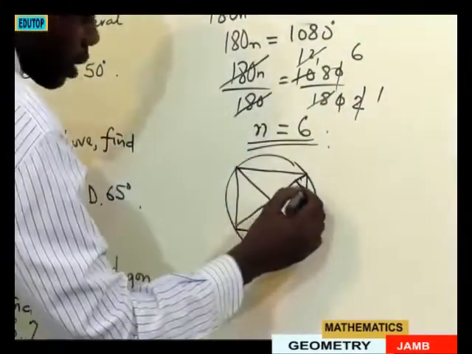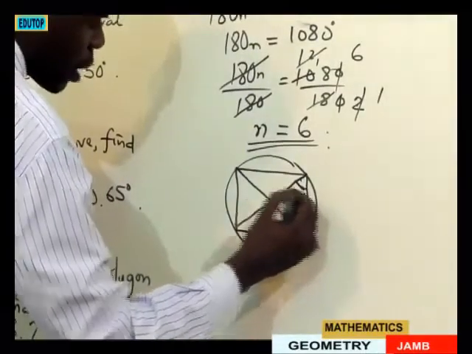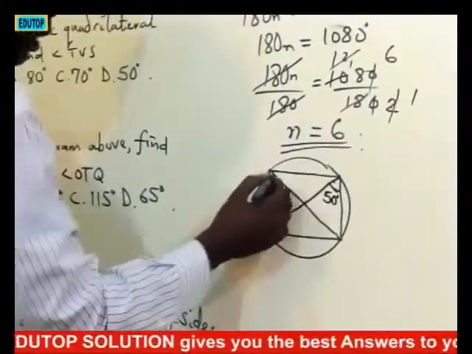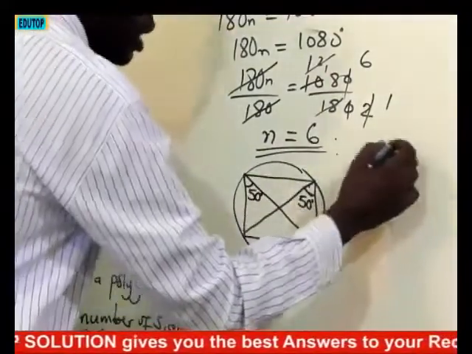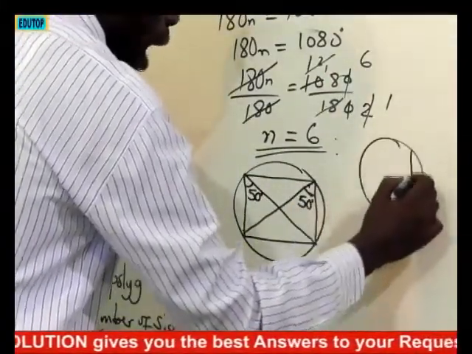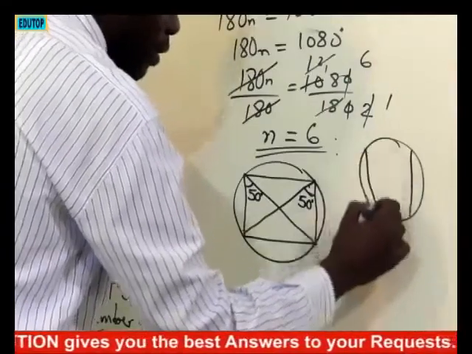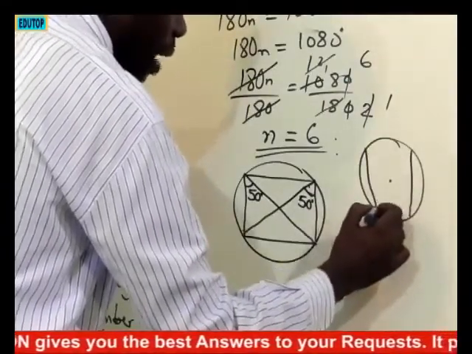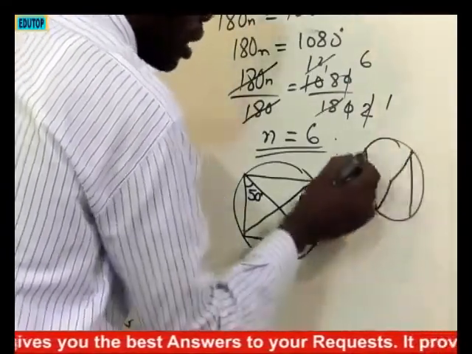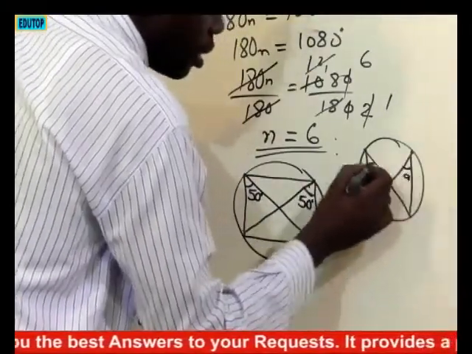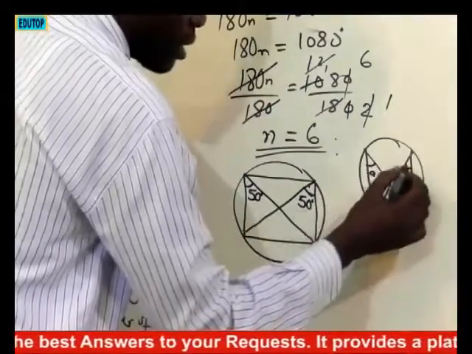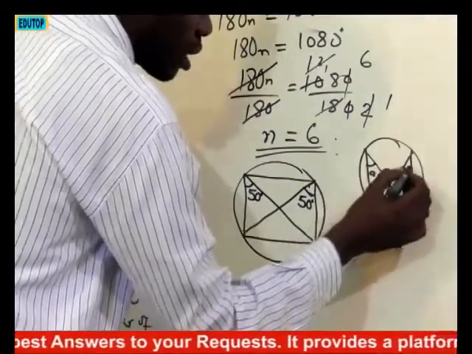Look at this place. This place is 50 degrees. Automatically, this place too will be 50 degrees, simply because of angles in the same segment. If you have a circle and a scenario like this, with lines passing from this edge to this edge, if this place is A, this place will also be A. That is angle in the same segment.